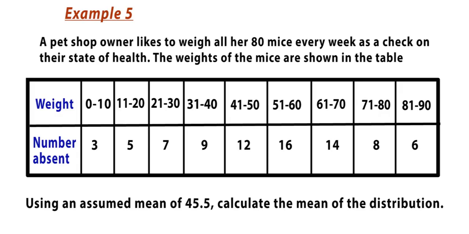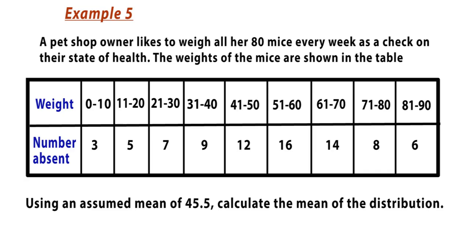Then 11 to 20 with a frequency of 5. 21 to 30 with a frequency of 7. 31 to 40 with a frequency of 9. 41 to 50 with a frequency of 12. 51 to 60 with a frequency of 16. 61 to 70 with a frequency of 14. 71 to 80 with a frequency of 8. And 81 to 90 with a frequency of 6.